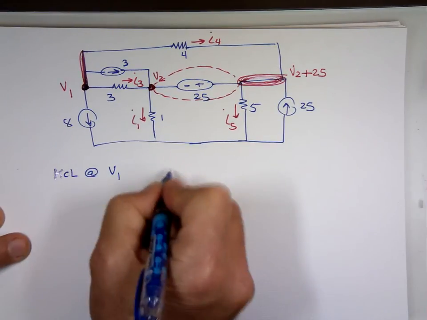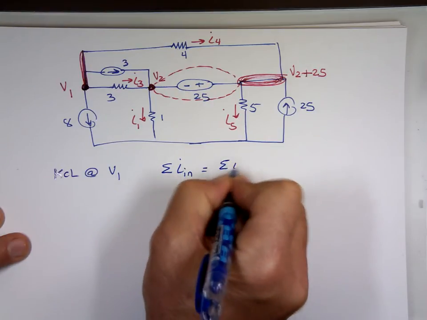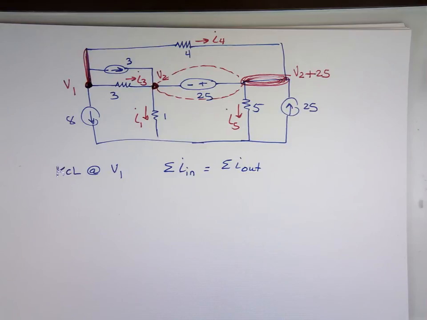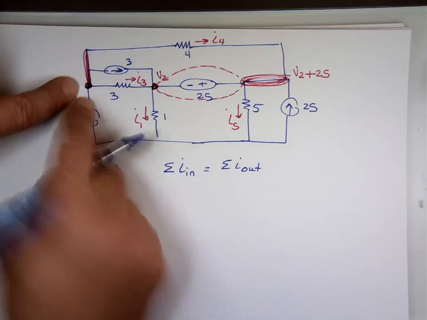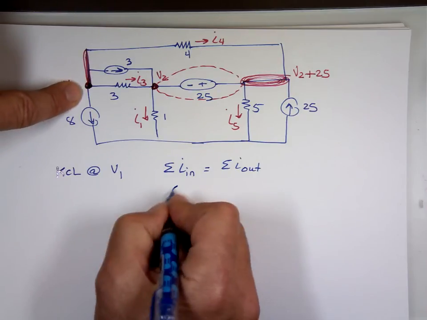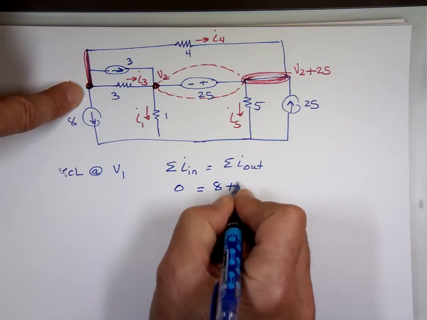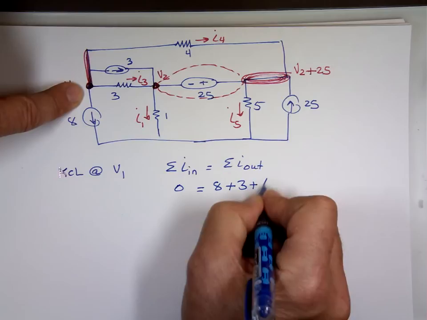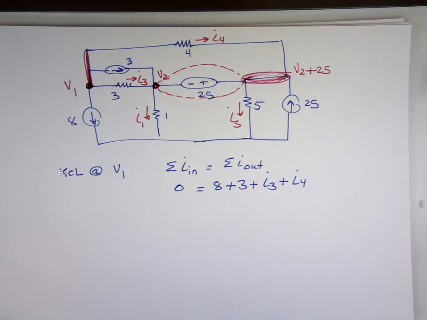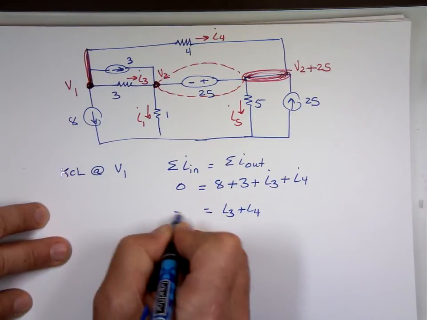If you take all the current going into the node, should equal all the current coming out of that node. What is going to this node? Nothing, right? The way I drew it. What's leaving? 8 plus 3 plus I sub 3 plus I sub 4. I sub 3 plus I sub 4 equals what? Negative 11, no change.